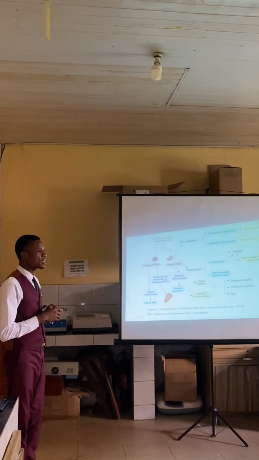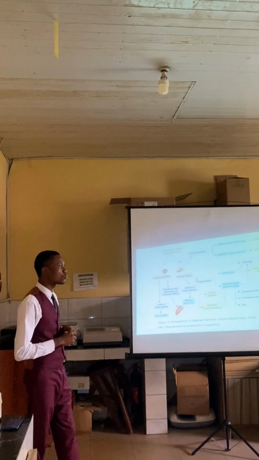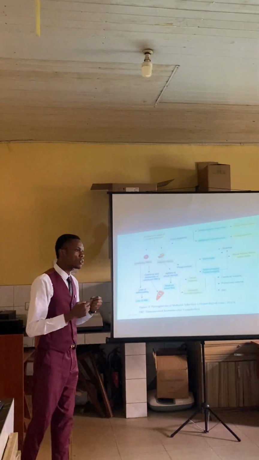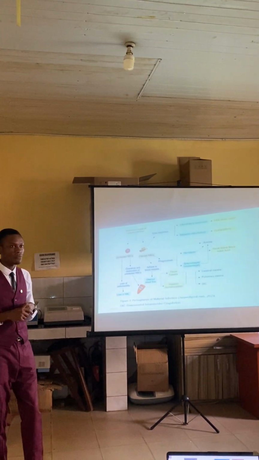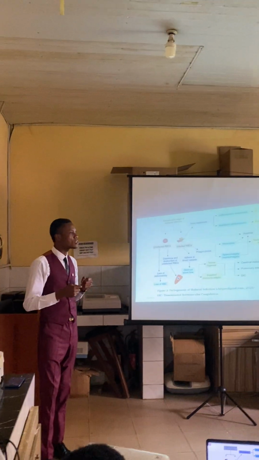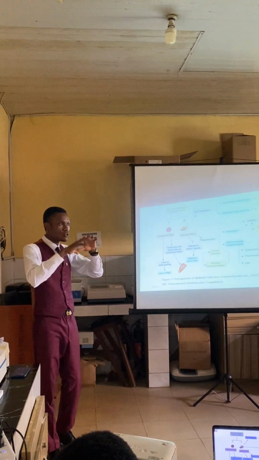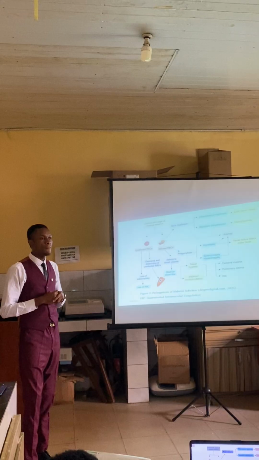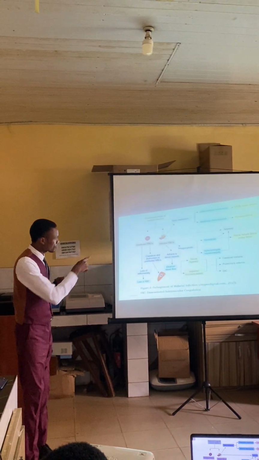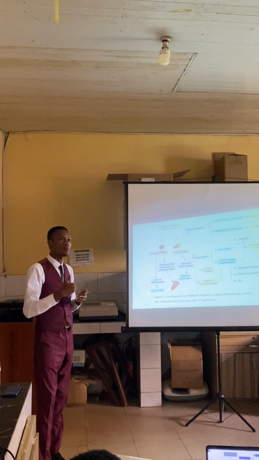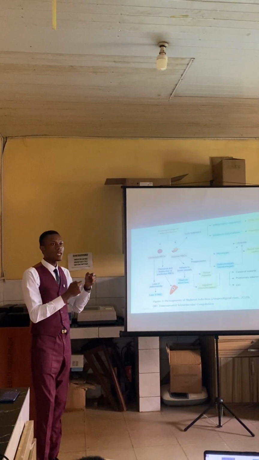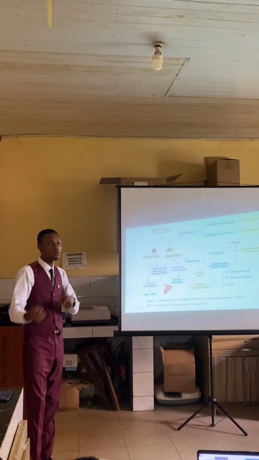And some of these infected RBCs, especially the ones infected with Plasmodium falciparum, release a histidine-rich protein at the surface of the RBC, making them begin to break the hemoglobin into the heme form and further into the hemozoin form.